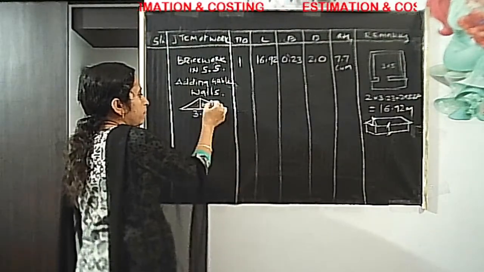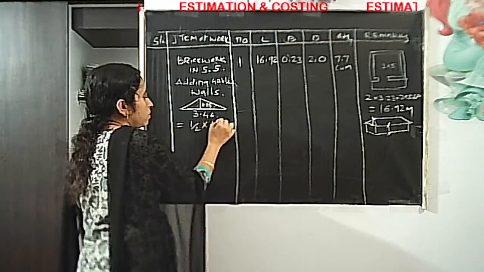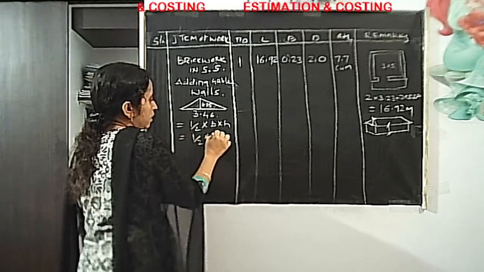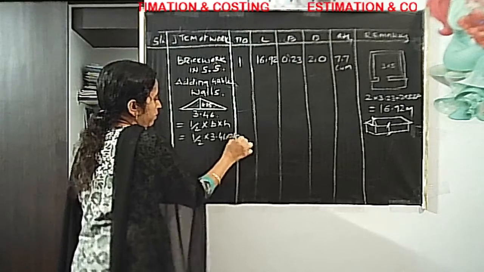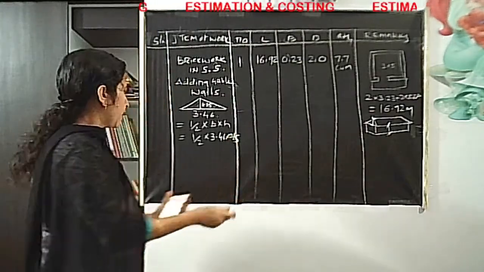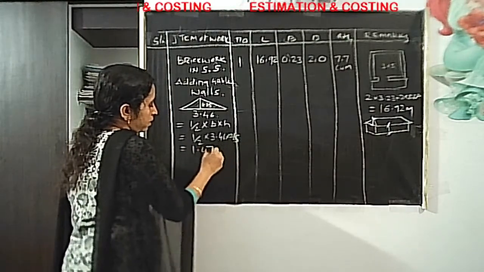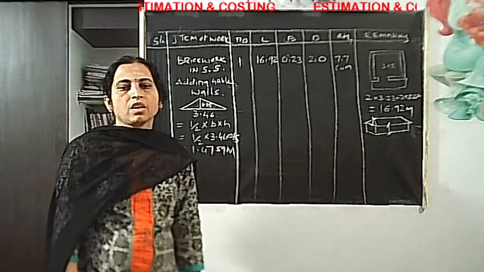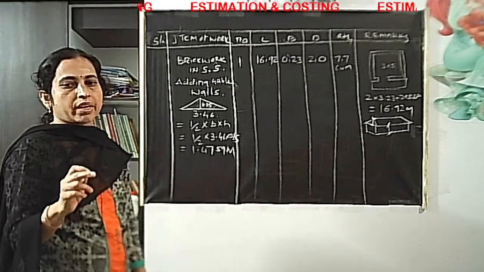So area of triangle is equal to half into base into height, that is half into 3.46 into 0.85. So gable wall area is equal to 1.47 square meter.